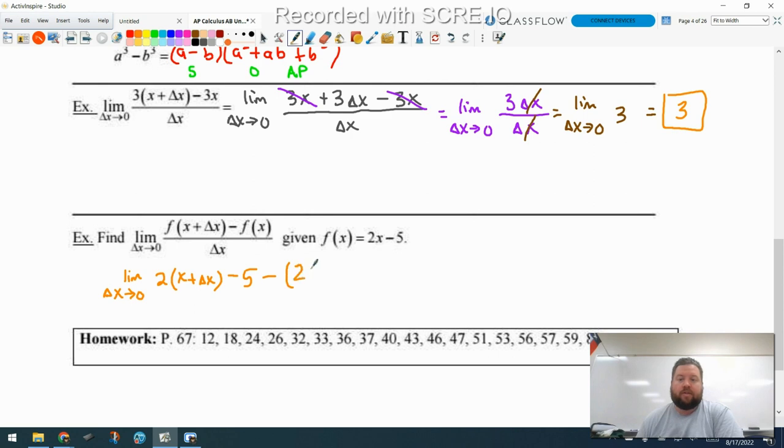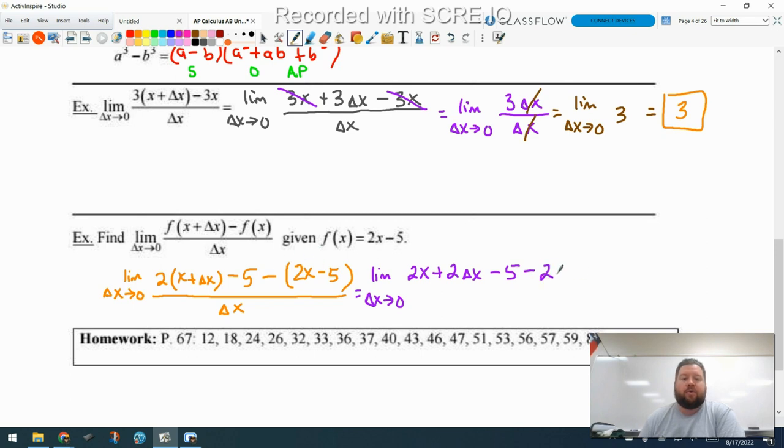So use parentheses because it's 2 terms, minus 2x minus 5, all over delta x. All right, we have some algebra to do. The limit as delta x approaches 0, distribute the 2: 2x plus 2 delta x minus 5, and then distribute the negative, minus 2x plus 5, all over delta x.